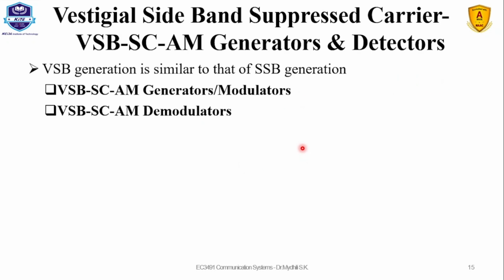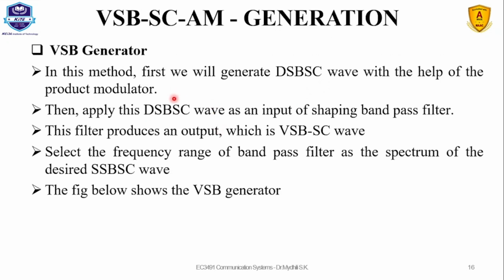Now coming to the generator part of the vestigial sideband. VSB generation is similar to that of single sideband suppressed carrier AM generation. So we have a generator as well as a demodulator. Now coming to the VSB generator. In this method, first we generate a DSB-SC wave with the help of a product modulator.